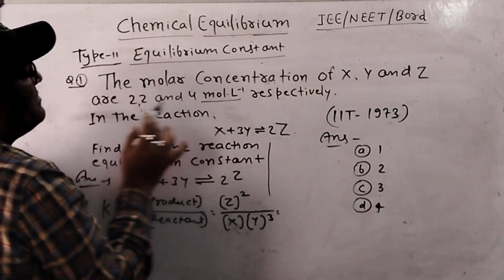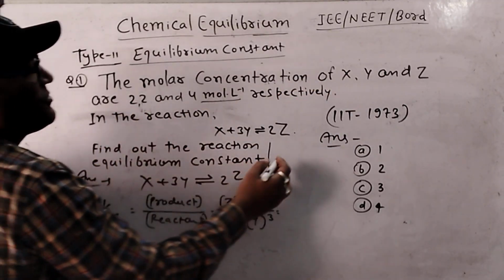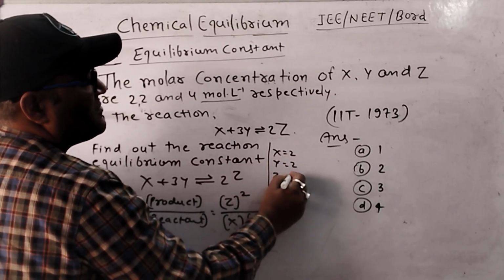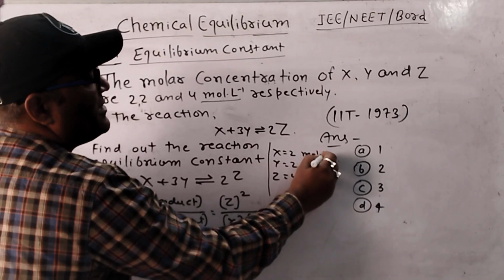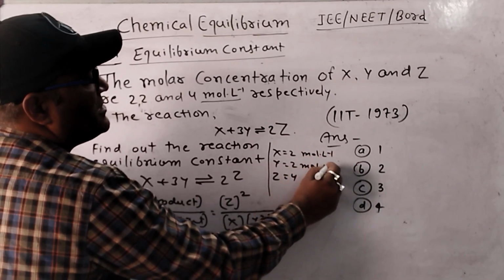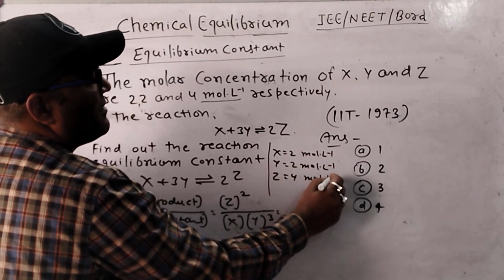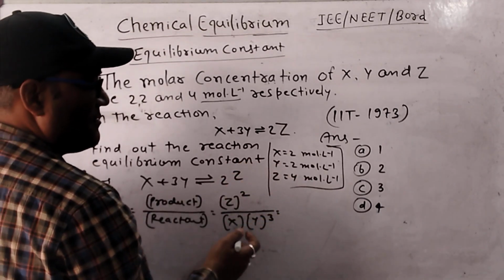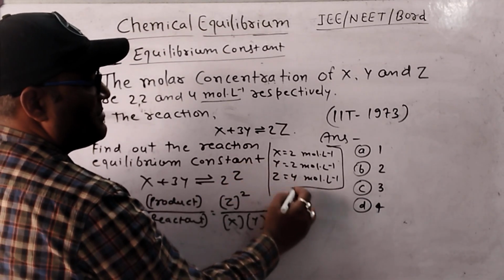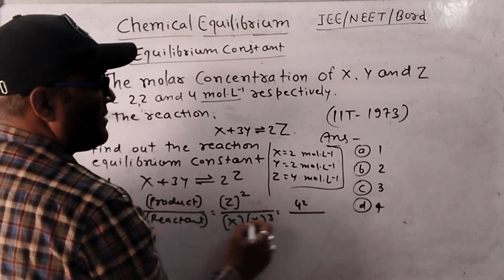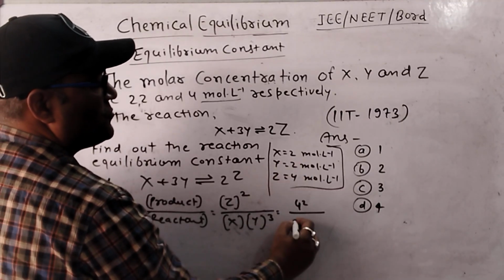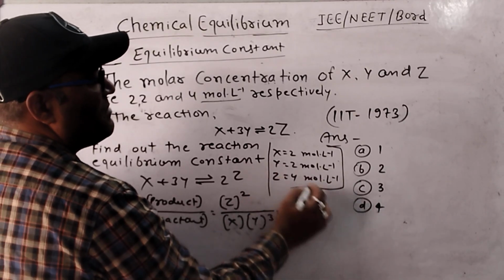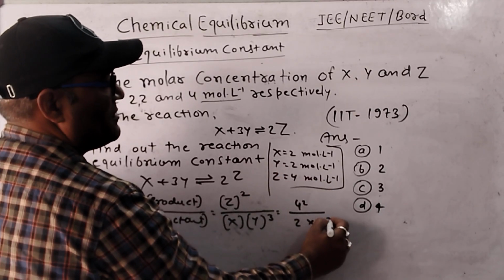Now from the question, X, Y and Z are respectively 2, 2 and 4. So X is 2, Y is 2 and Z is 4 mole per liter. We put this data in the formula: Z square means 4 square, and X means 2 multiplied by Y cube, Y cube means 2 to the power 3.